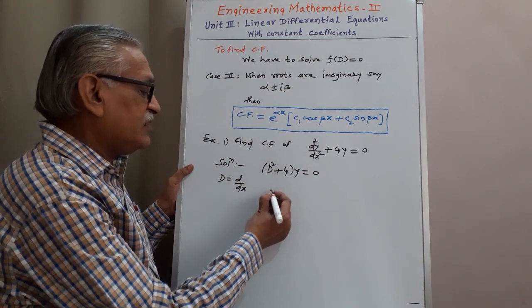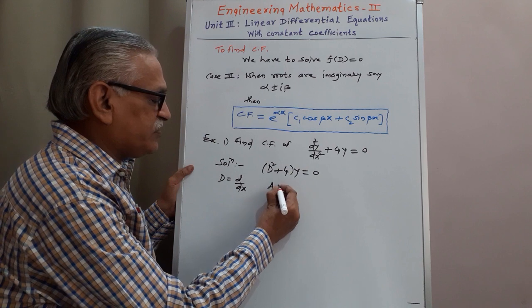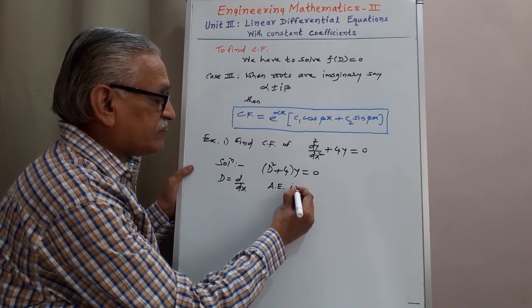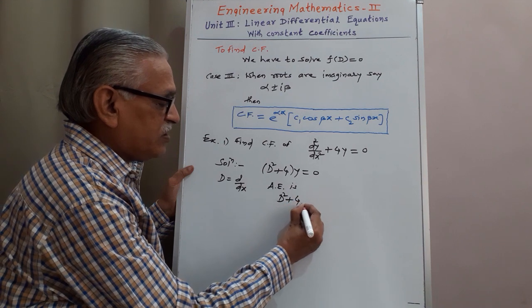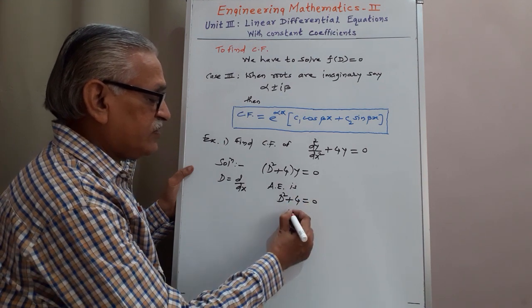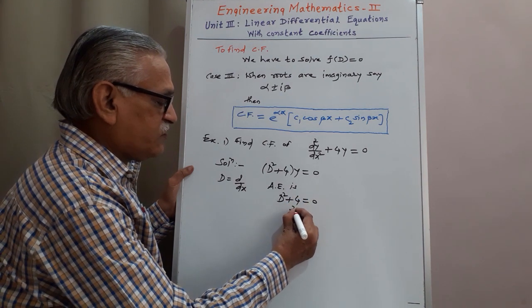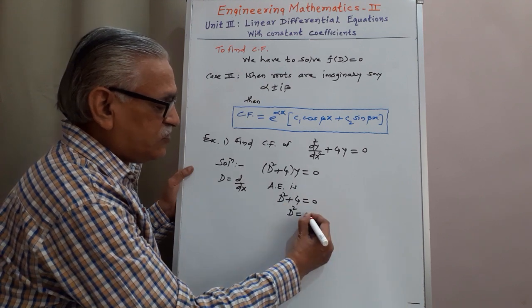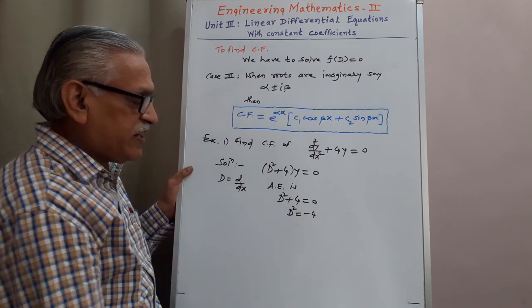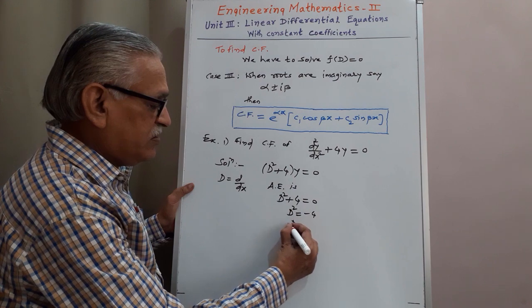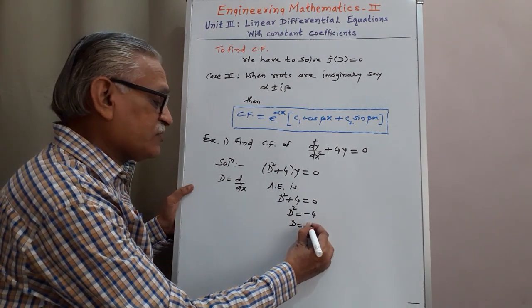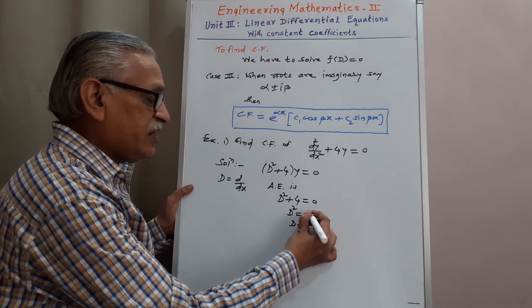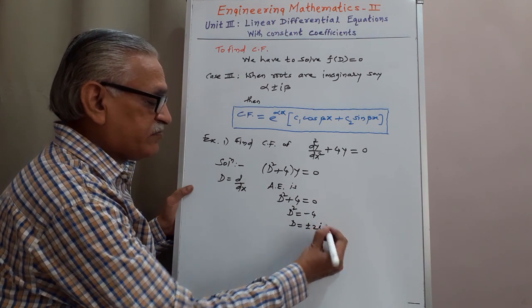And then the auxiliary equation is D square plus 4, equating it to 0. We get D square is equal to, transferring that to the right hand side, minus 4. D is equal to, taking square root on both sides, plus minus 2 and root of minus 1 is i.